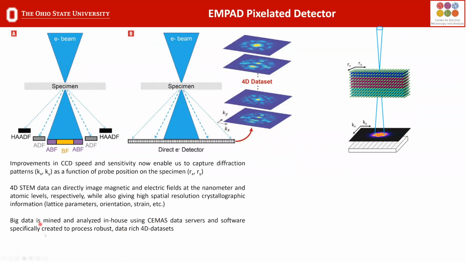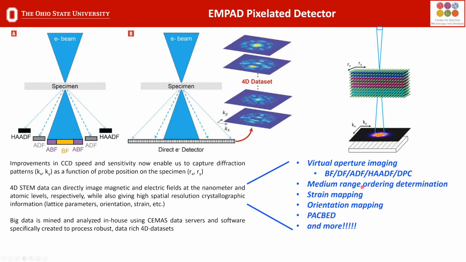What we've developed in CEMAS, at least, is a system where we have servers and in-house processing and very fast data transfer, so that we can collect our data and hopefully process it and analyze it in real-time fashion. When we do that, it really opens the door to quite a bit.